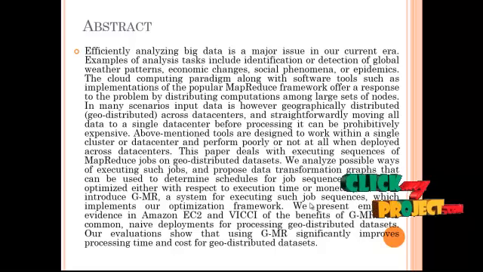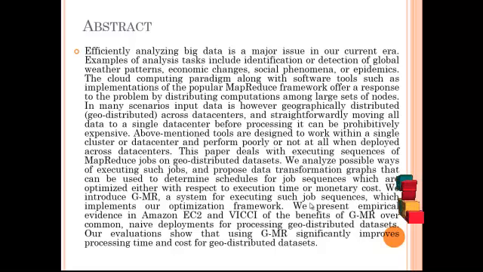This paper deals with executing a sequence of MapReduce jobs on geo-distributed datasets. We analyze possible ways of executing such jobs and process data transformation graphs that can be used to determine schedules for the job sequence. We introduce GMR, a system for executing such job sequences which implements our optimization framework.